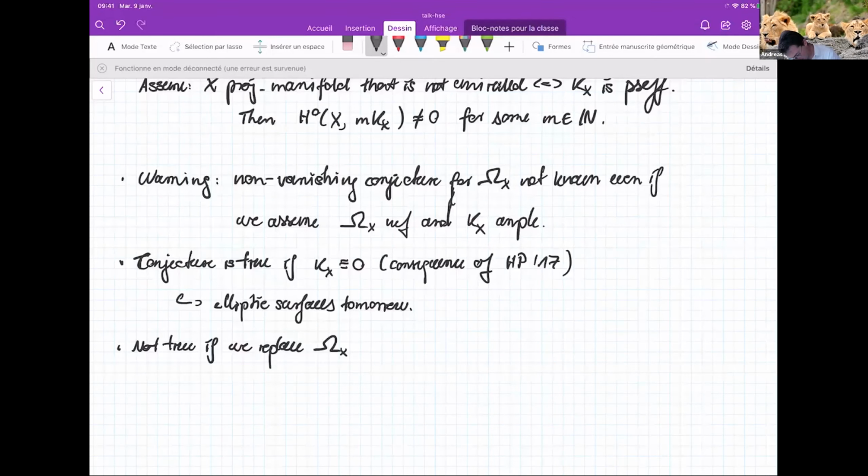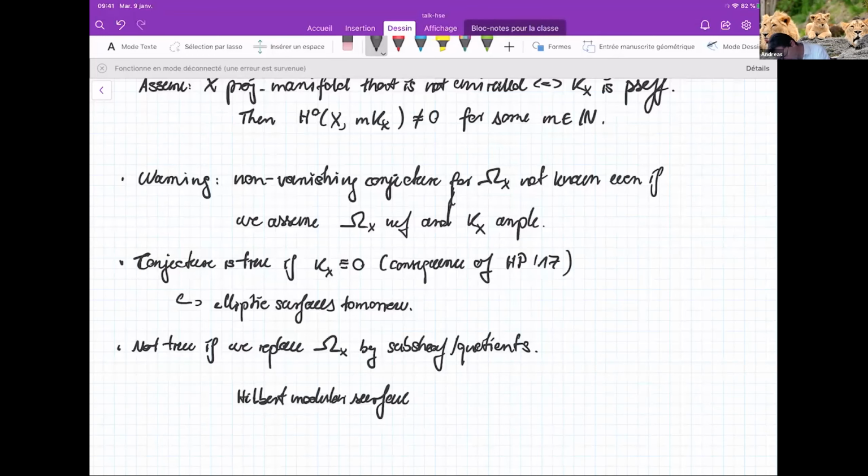We have these examples of Hilbert modular surfaces. These are surfaces of general type which have the property that Ω_X is a direct sum L1 plus L2. The canonical K_X is L1 times L2, and this is ample in these cases.